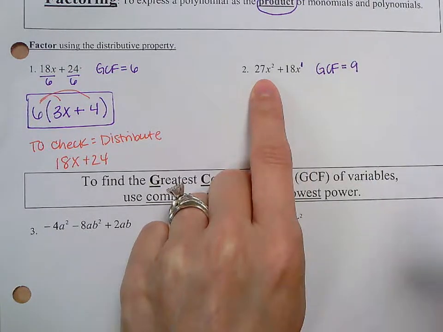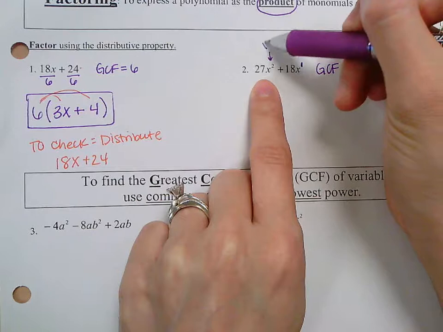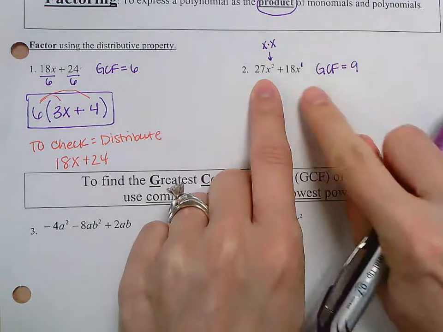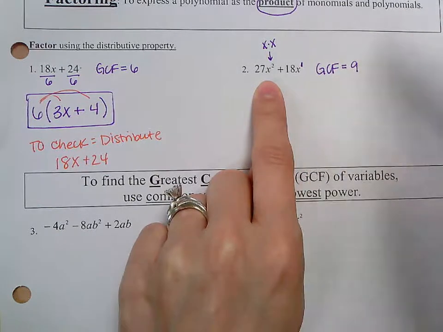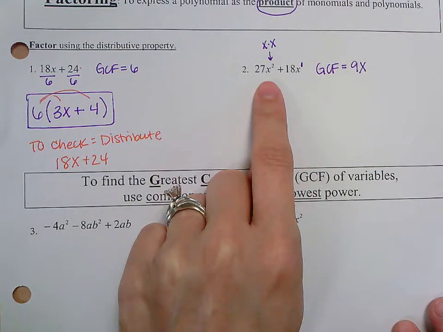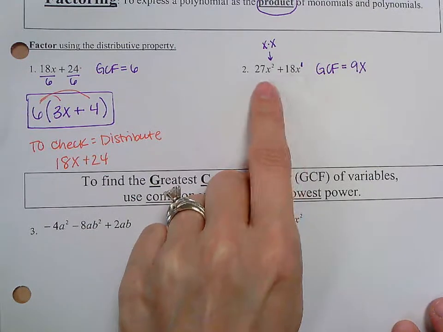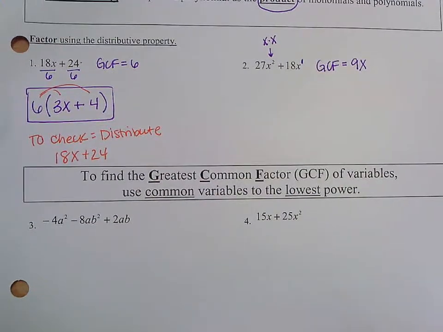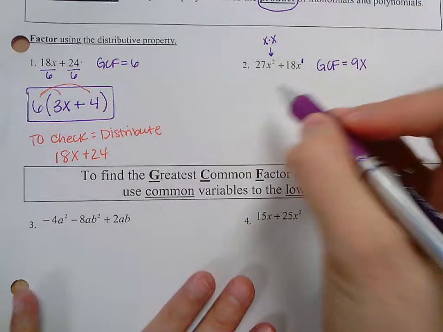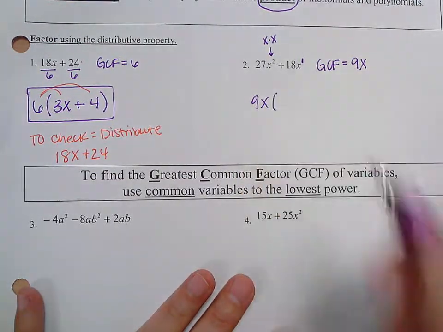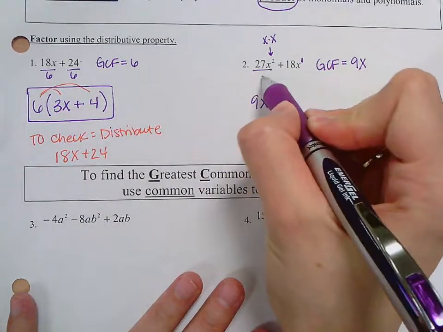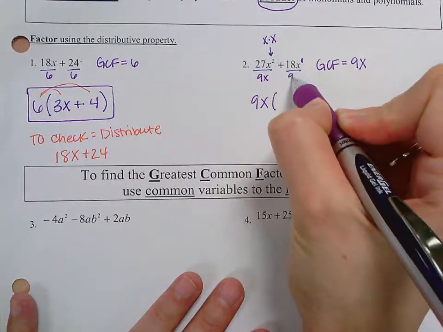Also remember x squared is like x times x. That means both terms have one of their x's in common. So my GCF is actually going to be 9x. So we also have to look at variables instead of just the coefficients. So I have 9x in front of my parentheses. I divide these both by 9x.